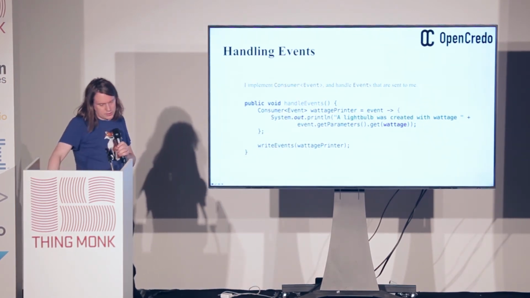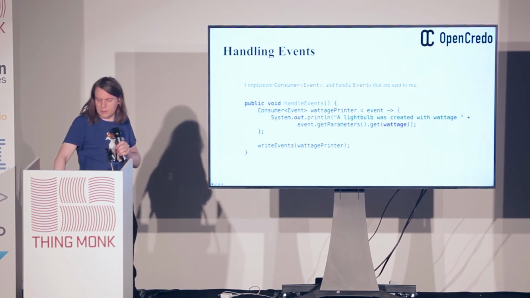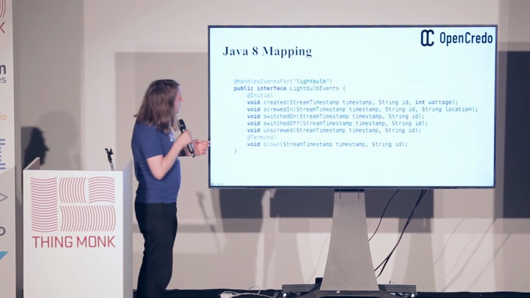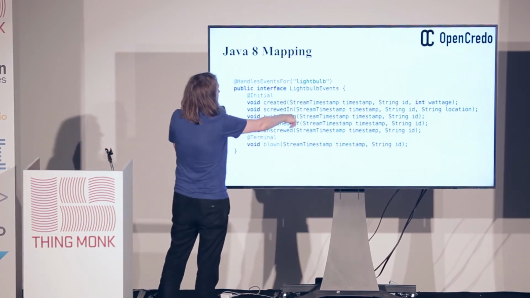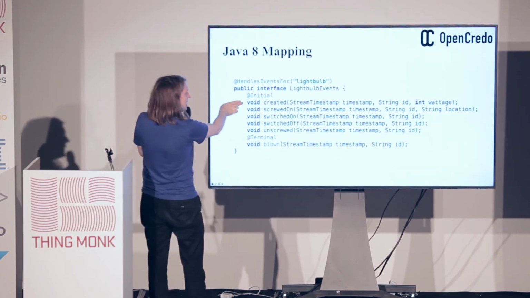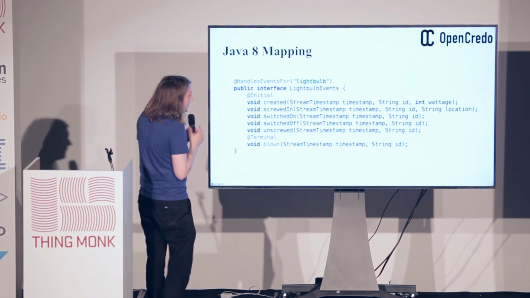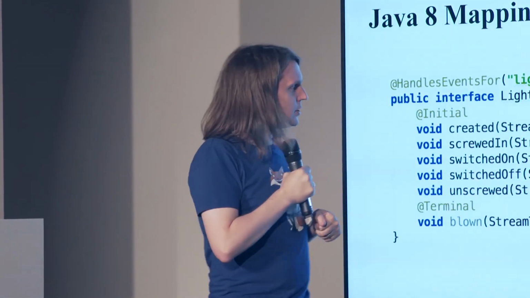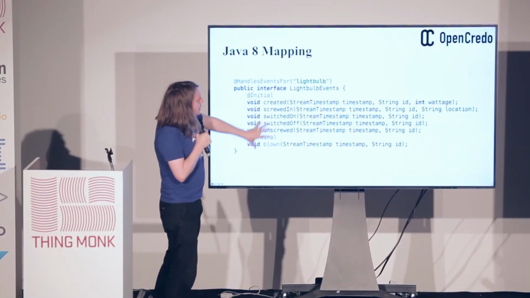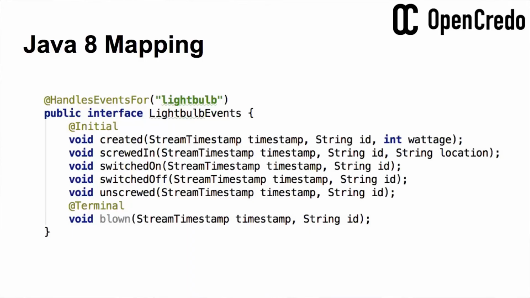The other thing is that quite often you have several different types of events for the same aggregate, and we gather those together into a Java interface. So for a light bulb, we have an interface, LightBulbEvents, which handles events for light bulbs, and it has one method for each type of thing that can happen. So again, to emit an event, you call a method on something implementing this interface, and it generates the event and puts it into the system. To handle an event, you implement this interface, and you are called on the appropriate method for the type of event you're receiving.